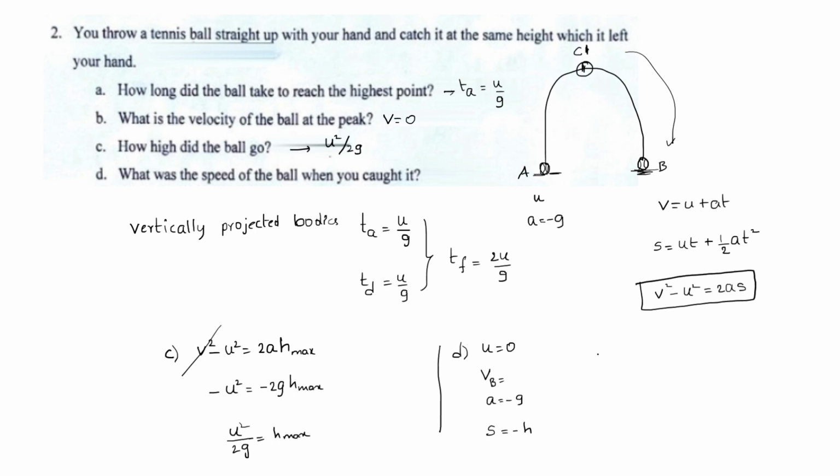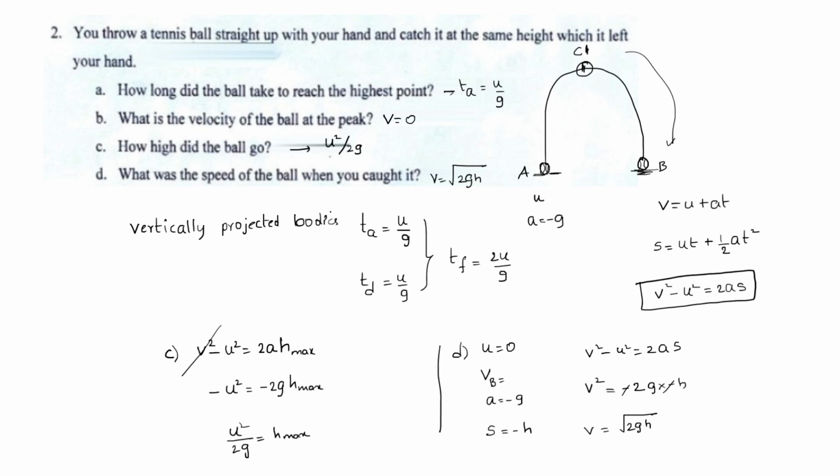So again I'll use the same concept, v square minus u square is equal to 2as. So u is 0, v square is equal to minus 2 into g into minus h. So v square is equal to 2gh. So v will be root 2gh. So that's it.